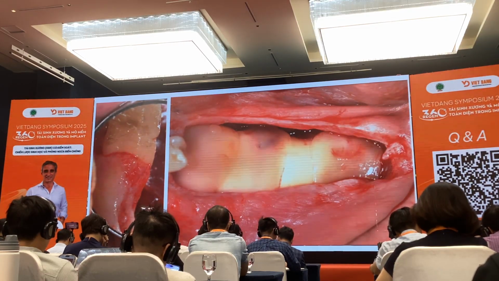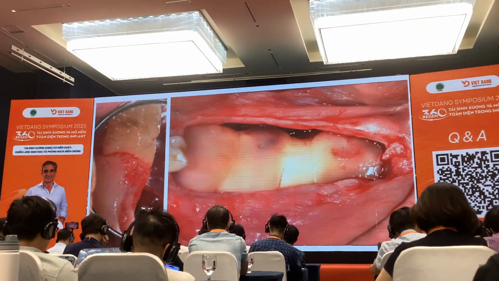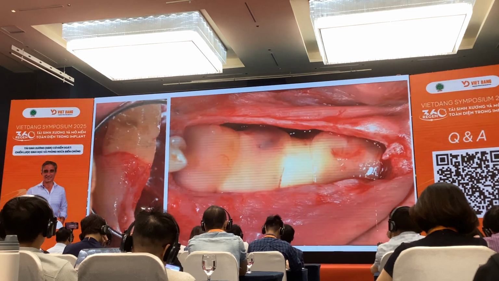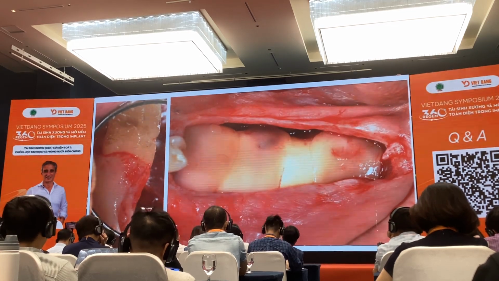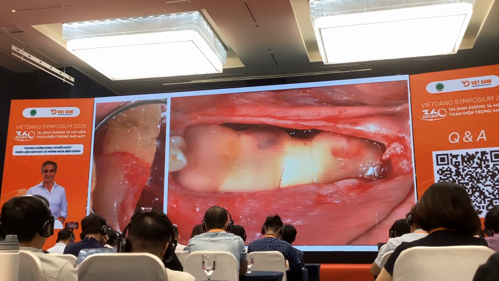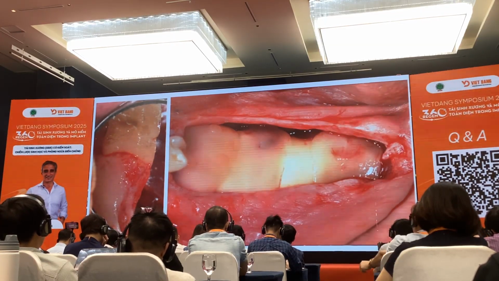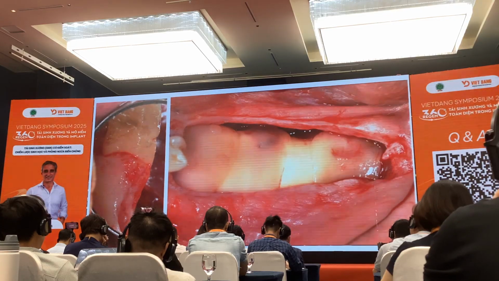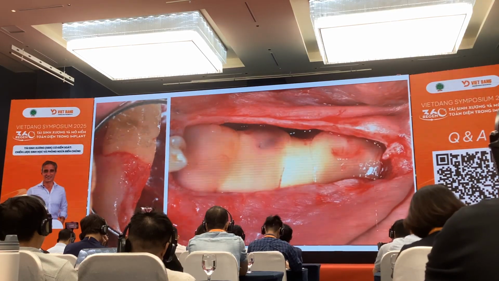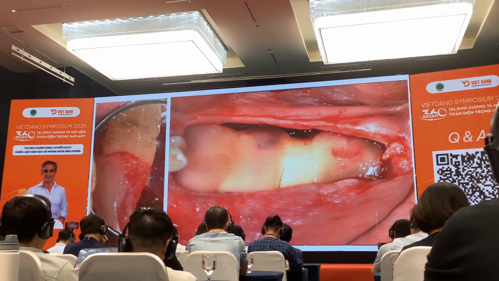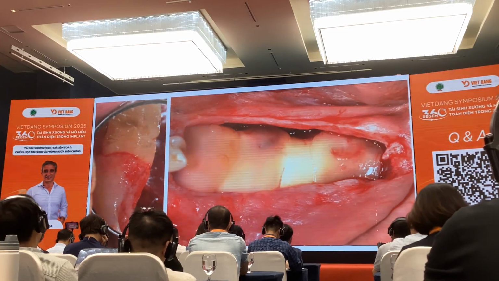The periosteum is very fast, immediately. The periosteum is the first part of the periodontal attachment that is restored when we place the flaps against the bone. Then the second is the connective tissue. It needs 1 week, a long time, against the root. And then the long epithelial attachment, 2 weeks.